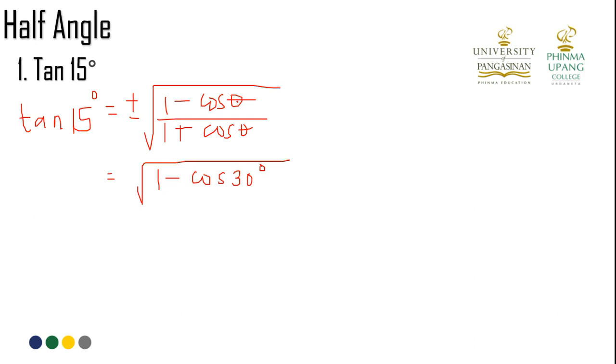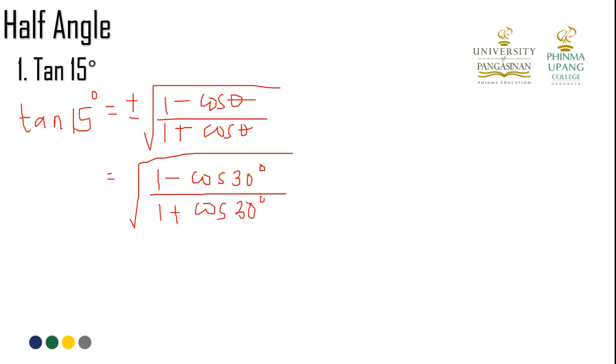Kung ang half is 15, meaning yung theta is 30. Always po yun, ha? Ganun siya palagi. Kung ang tanong yan is 45, ibig sabihin 90 yung kabuuan. Okay? So what is next is 1 plus cos 30 degree.